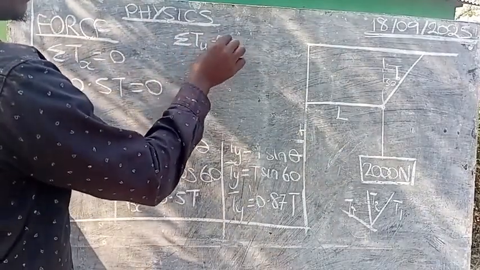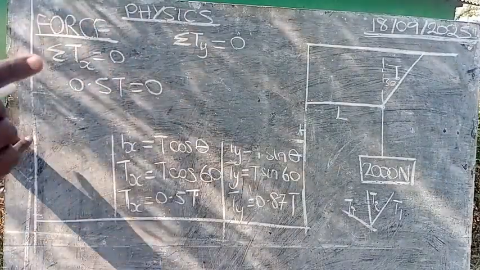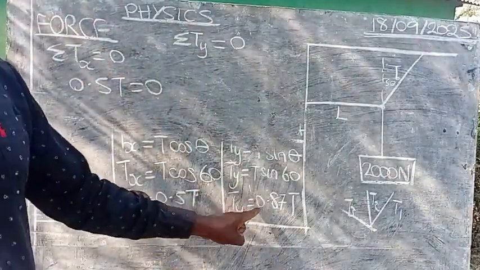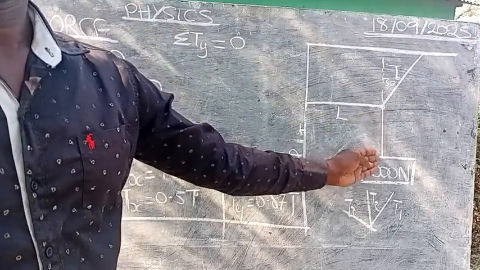Then we go to the y-axis. The summation of Ty will be equal to 0. So in the y-axis, we have 0.87T and the weight. Clear?